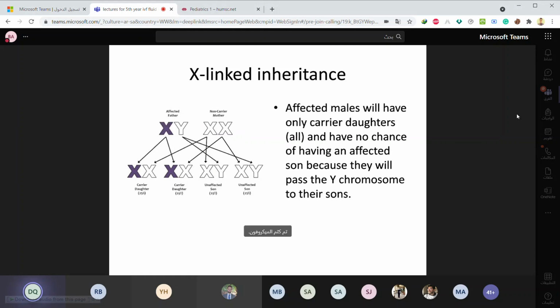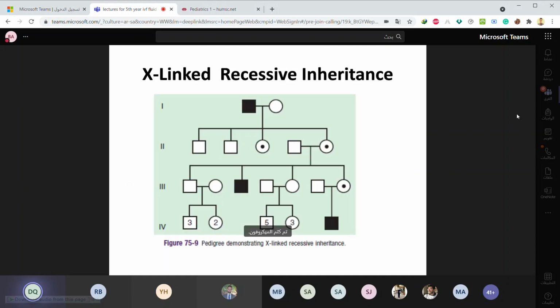If the father is affected, the girl will be a carrier, but none of the boys will be affected, because the mom will give the X chromosome and the father gives the healthy Y chromosome. So the boy will be normal and the female will be a carrier.